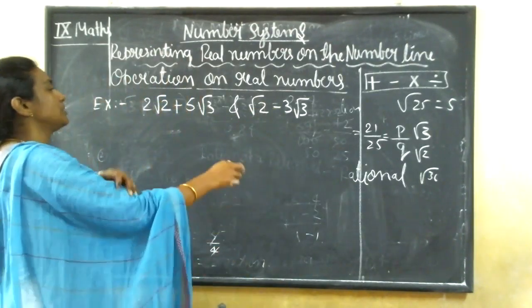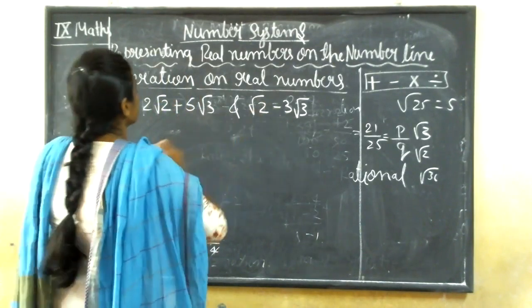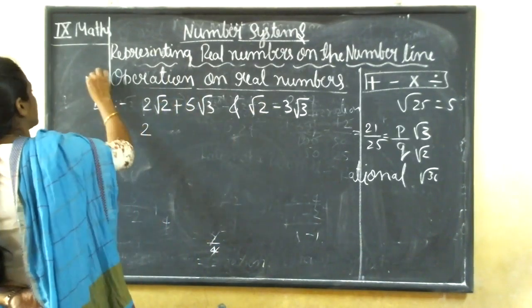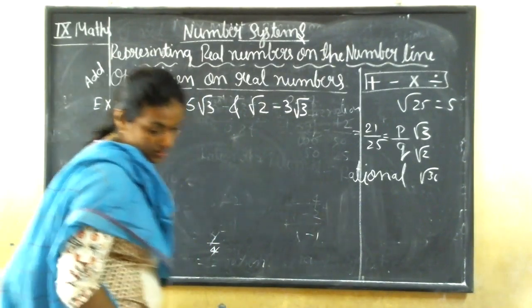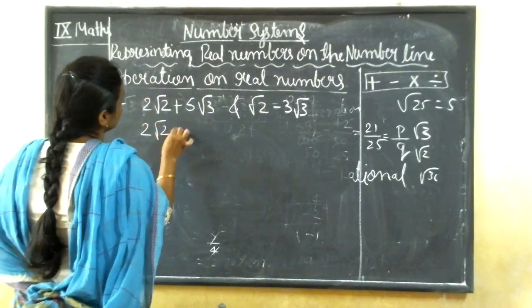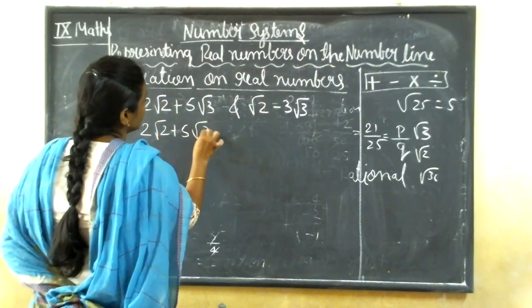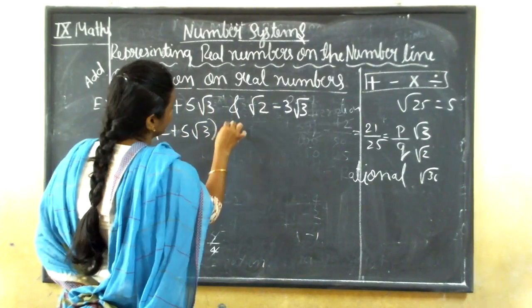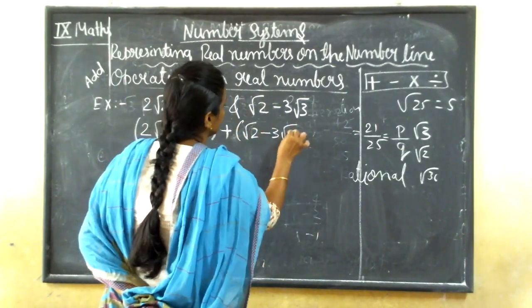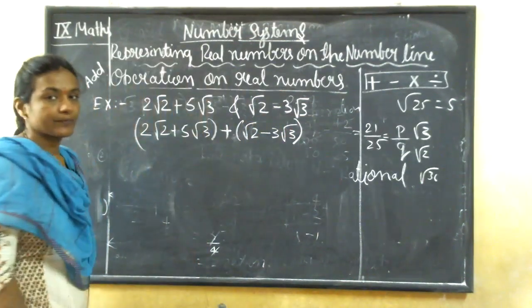So how will we solve this one, guys? Let us see. The question is addition. Add 2 root 2 plus 5 root 3, and we put a plus sign here, 2 root 2 minus 3 root 3.